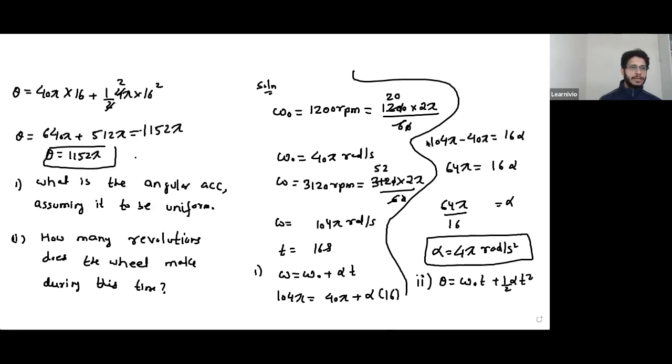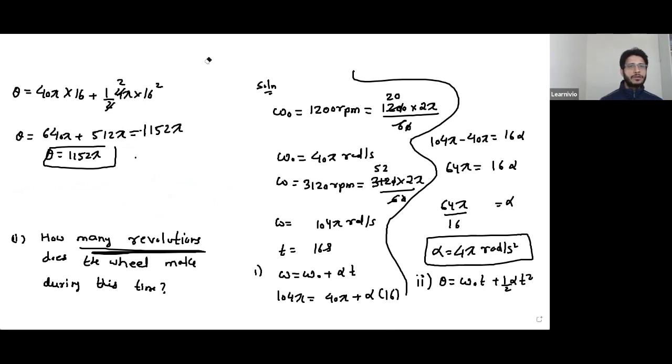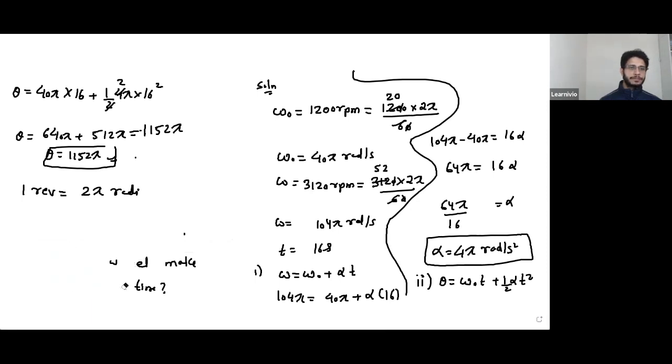But it's not asking to calculate the angular displacement. It's asking to calculate revolutions. Sania, what's the relation between number of revolutions and angular displacement? 1 revolution is equal to 2 pi radian. Yes. So to convert radian into revolution, you will divide it by 2 pi. You can write that 1 radian is 1 by 2 pi revolution.